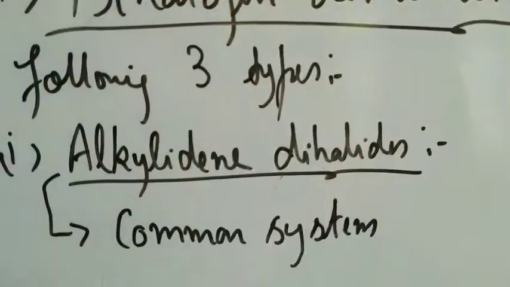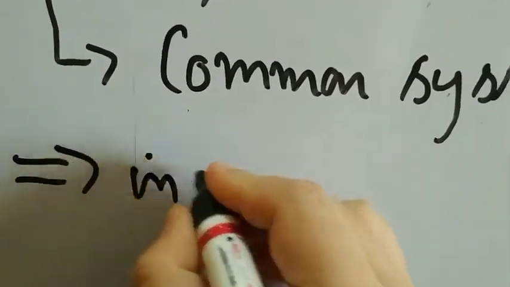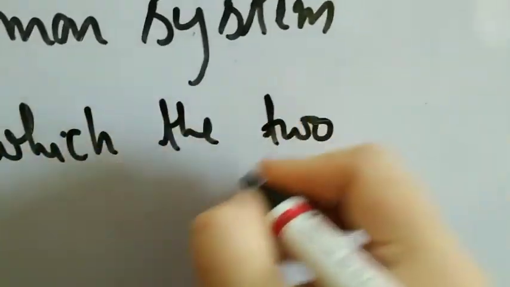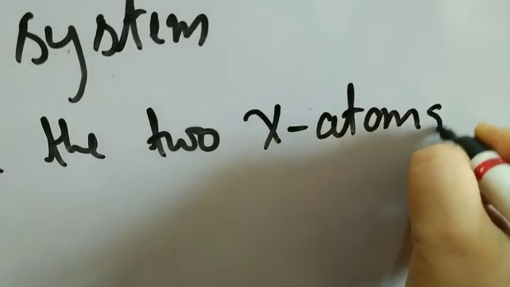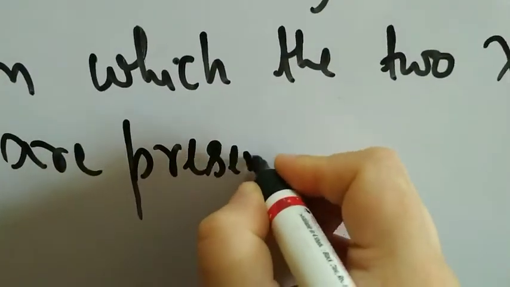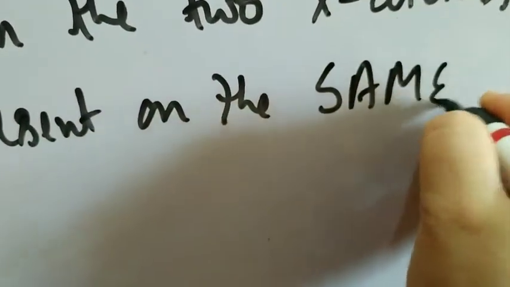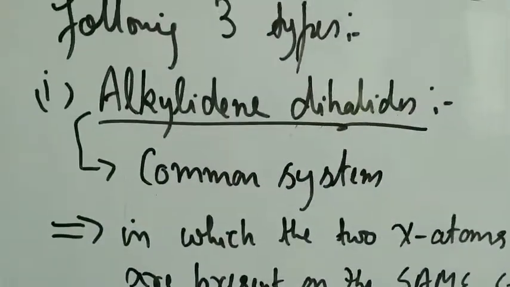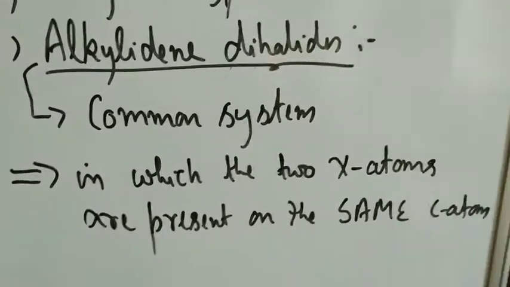Which dihalogen derivatives are alkylidene dihalides? Those in which the two X atoms, chloro, fluoro, bromo or iodo, are present on the same carbon atom. In that case, the dihalide is an alkylidene dihalide.